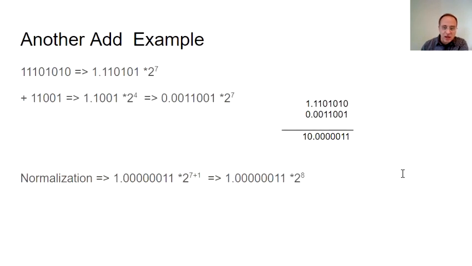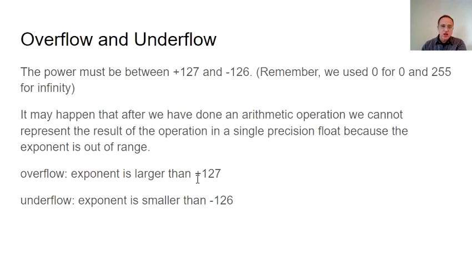Now we need to talk about overflow, because remember, these numbers could be really, really big, but I'm adding a 1 to it. It could be that the exponent gets to be too big. The exponent has to be in a range of plus 127 to minus 127. Why do we say that? Because remember, we talked about this in the previous lecture, that we use 0 for representing 0.